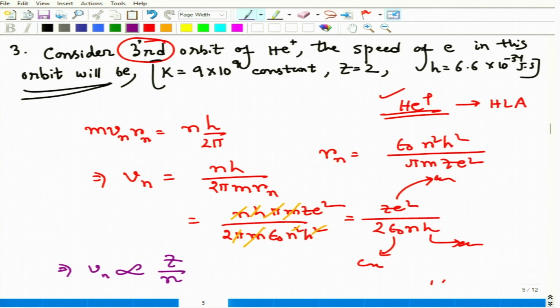So here N is 3, but you have to keep in mind that V1 even is 1 by 137 into C. If you remember this value, then you can do it easily. Otherwise you have to put the values of Z, epsilon naught, then you can also define. But if you remember this, then it is very good.